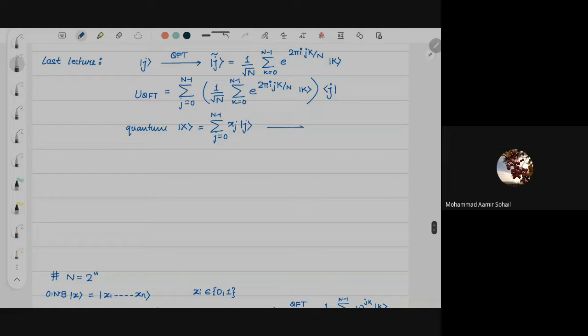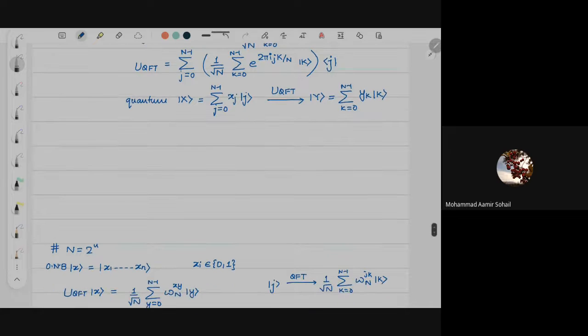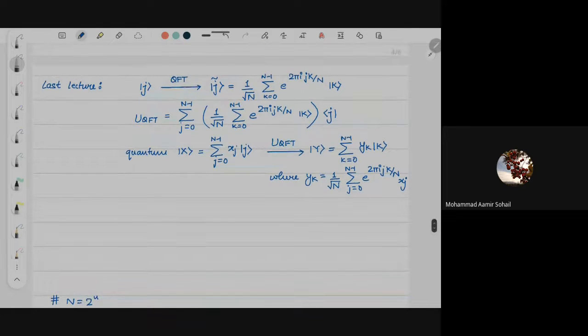Then using this unitary matrix we apply U_QFT and we get the state in the Fourier basis as a summation, where this y_k is equal to 1 over root n. So this is the y_k. This is what we covered yesterday.